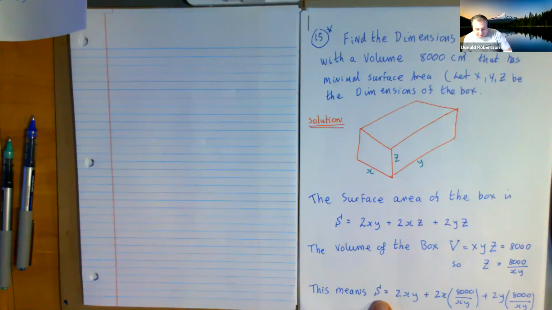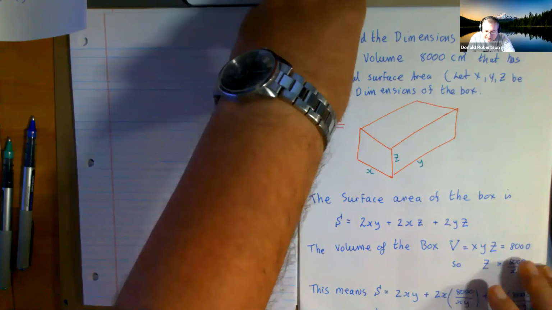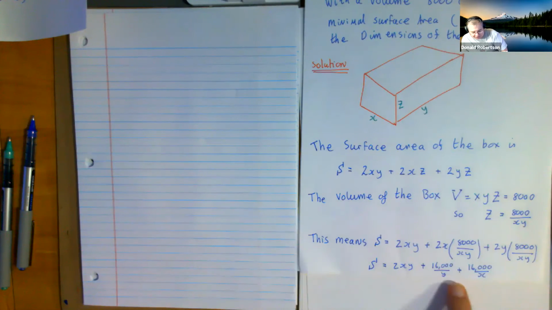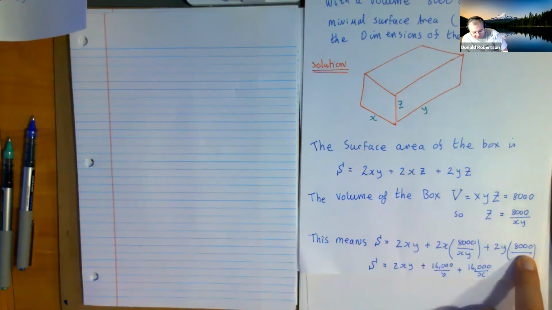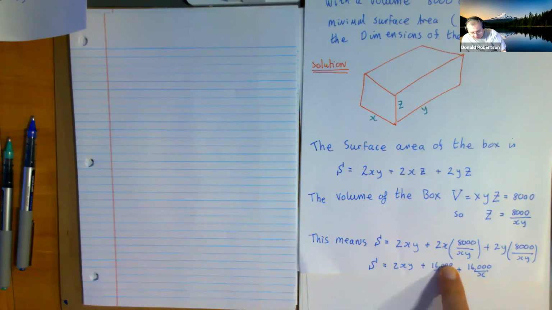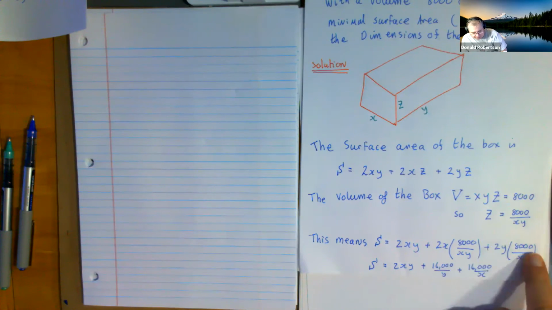Can you see what I'm now doing in the next piece? I'm taking my formula, this guy here, and I'm replacing that Z with this fella and this Z with this fella. Then I'm tidying it up a little bit, right? Cancelling out some X's and multiplying by 2, cancelling out the Y's and multiplying by 2.